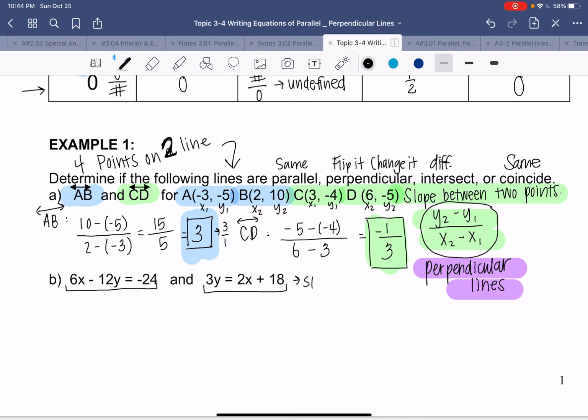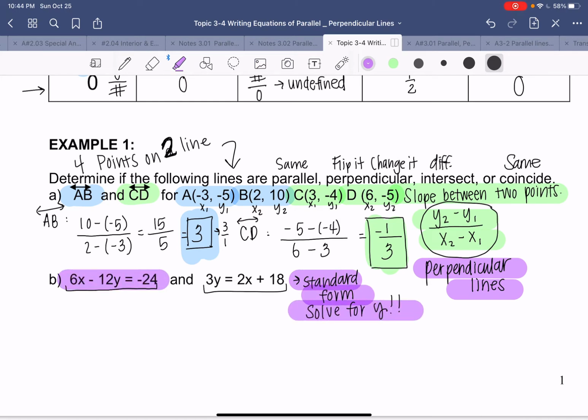So this is standard form. All you have to do is solve for y. In order to solve these problems that are in standard form, like given, just take each of those equations and get y by themselves.